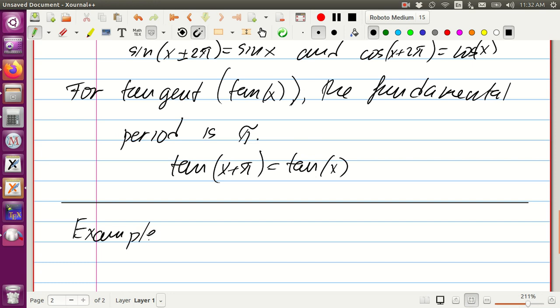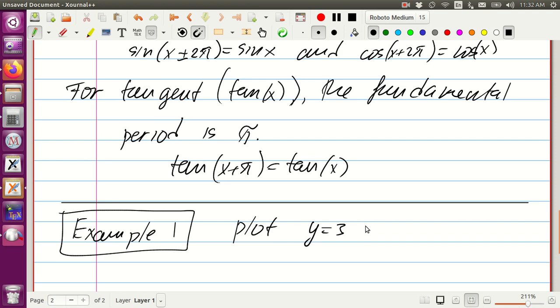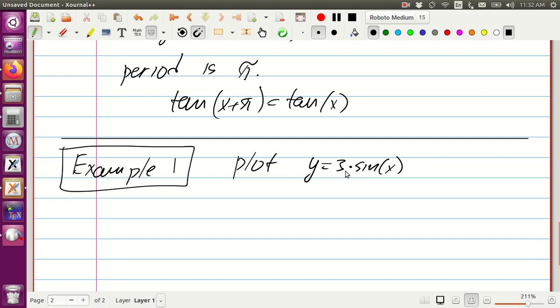So example 1. Example 1 asks us to plot y equals 3 sine of x. So we have a number 3 up front, right?